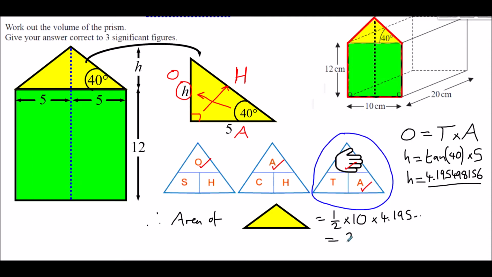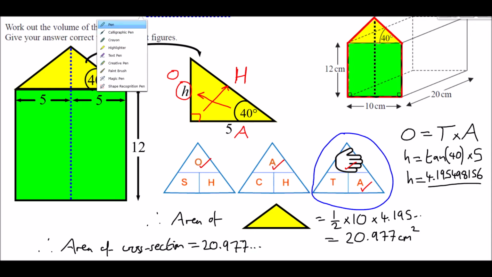So the area of that triangle at the top is 20.977 cm squared. So therefore, the area of a full cross-section is going to be the area of that triangle we just worked out, 20.977 and so on.